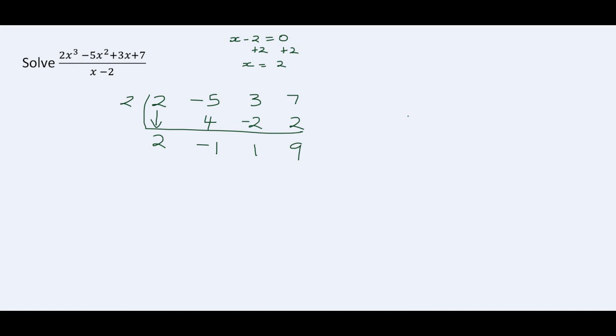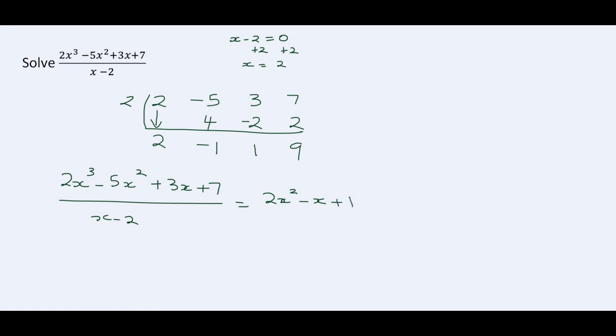So we have 2x cubed minus 5x squared plus 3x plus 7 divided by x minus 2 is going to be equal to 2x squared minus x plus 1 plus 9 over x minus 2.